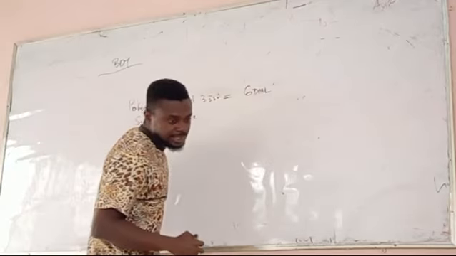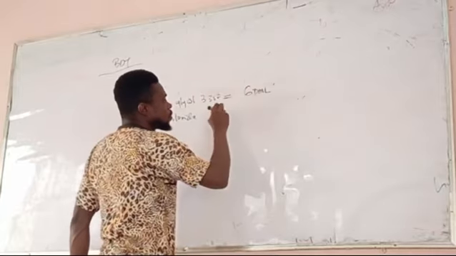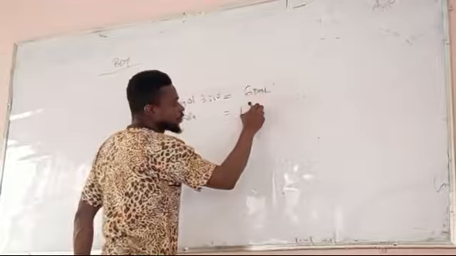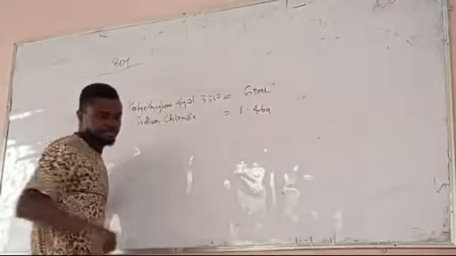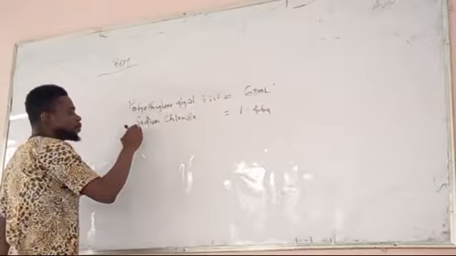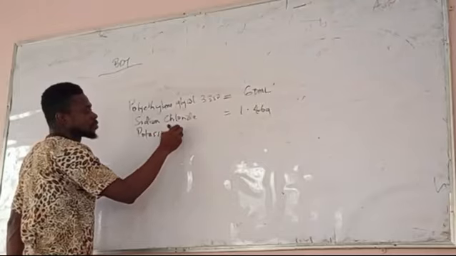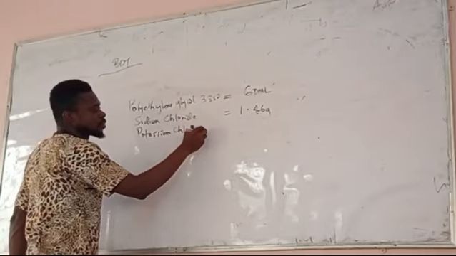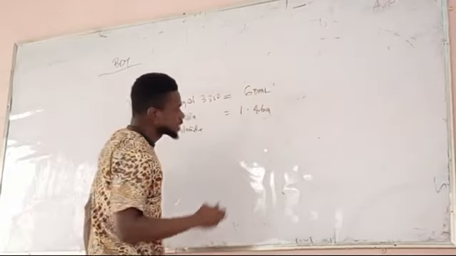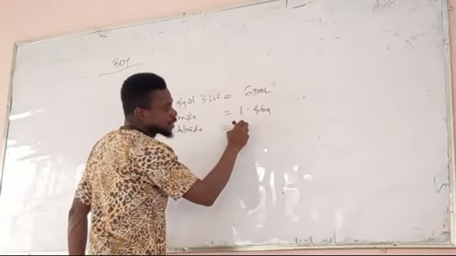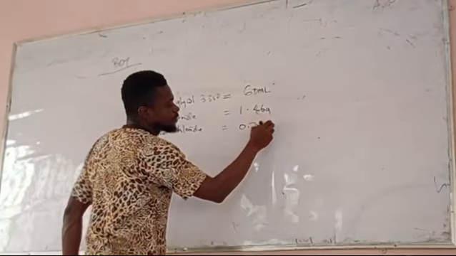Sodium chloride, 1.46 gram. Potassium chloride, 0.745 gram.